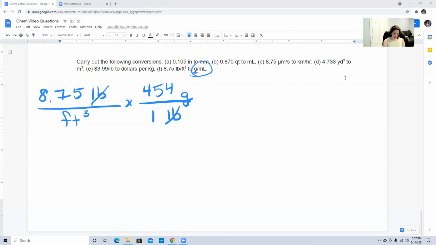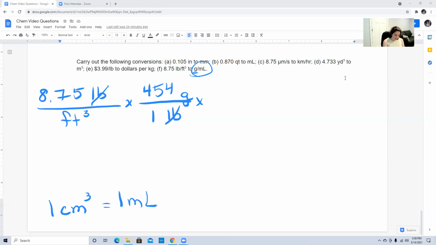So how does that work? Well, there is a conversion that every chemistry student should know because it is incredibly useful, especially when doing density problems. 1 cubic centimeter is 1 milliliter. So really, in terms of the cubic, we need to get feet cubed into centimeters cubed, and then that is the same thing as milliliters.